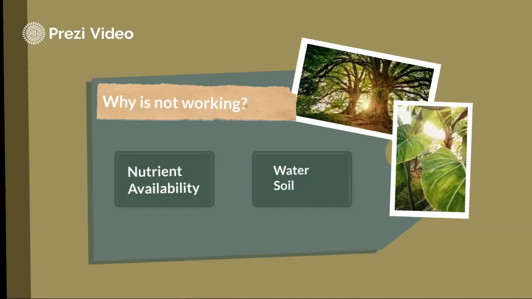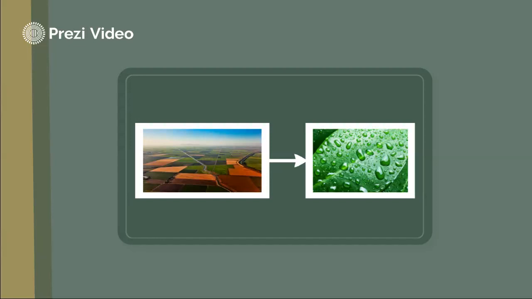Now, let's talk about nutrient availability. Key foliar nutrients, such as nitrogen and phosphorus, are becoming limited due to higher nutrient demands from increasing vegetation production.